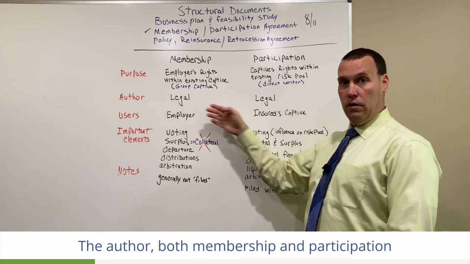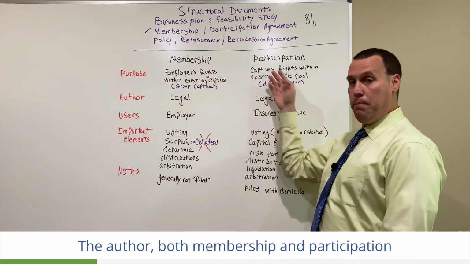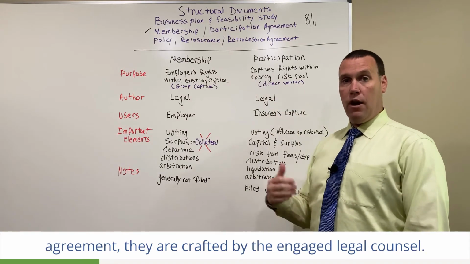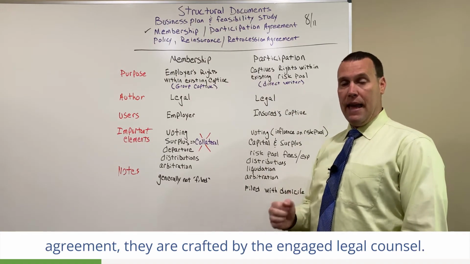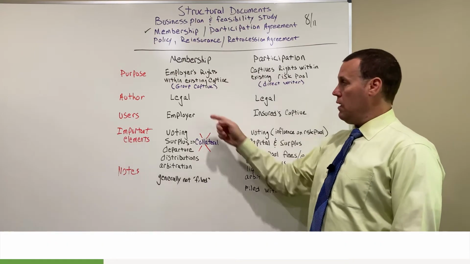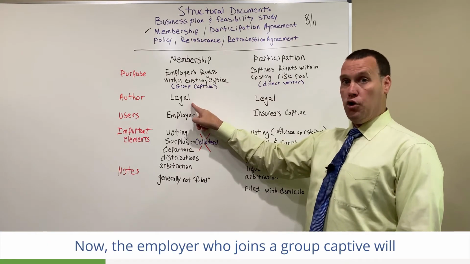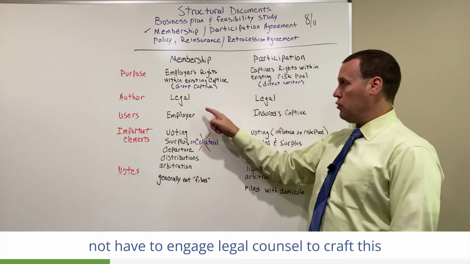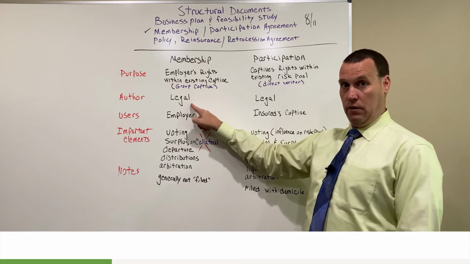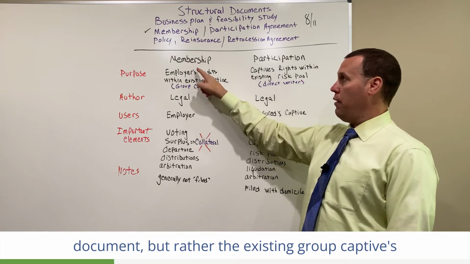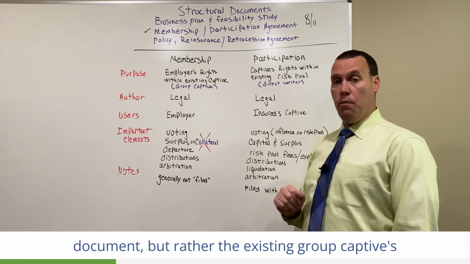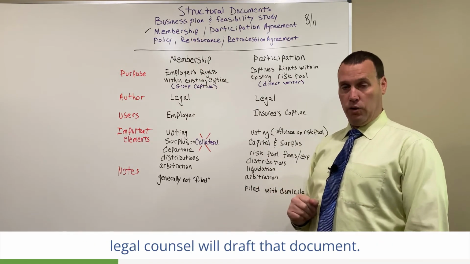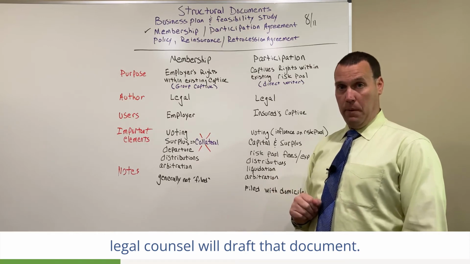The author of both the membership and participation agreement is the engaged legal counsel. Now, the employer who joins a group captive will not have to engage legal counsel to craft this document, but rather the existing group captive's legal counsel will draft that document.